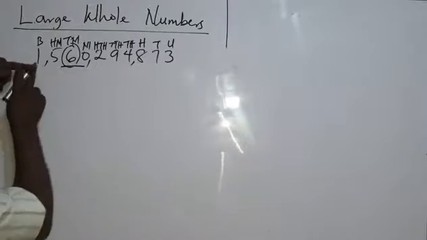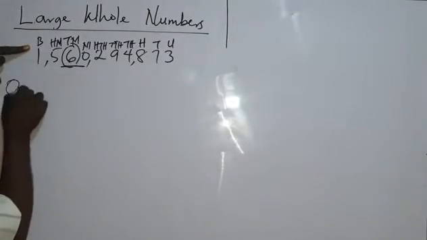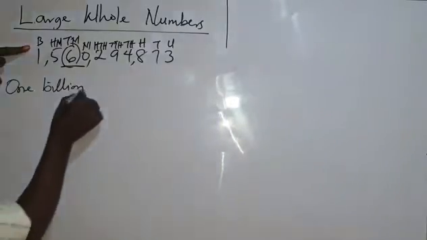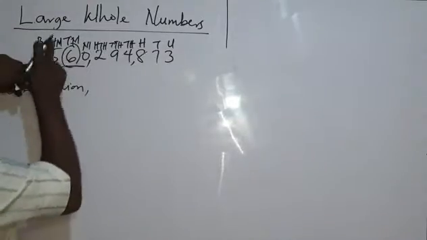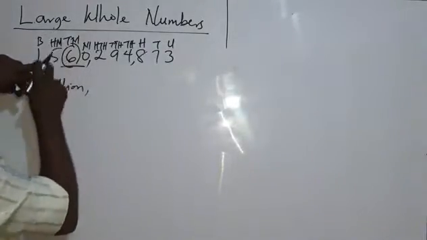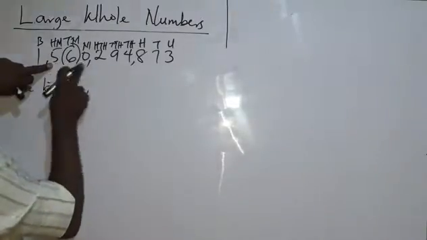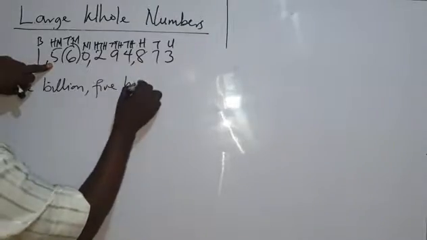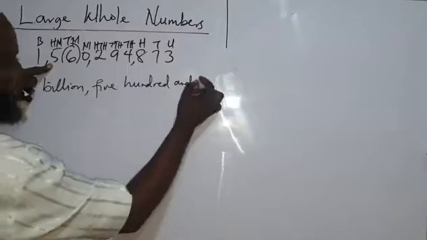Now this one is under billion, so you're going to write it as 1 billion, comma. This is under 500 million, 500 million, 60 million. So you write the three of them together. That will be 500 and 60 million.